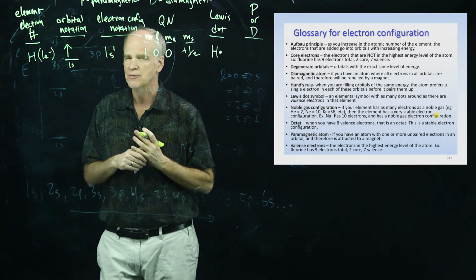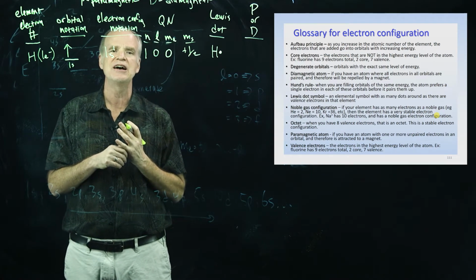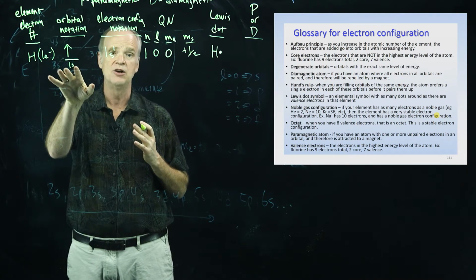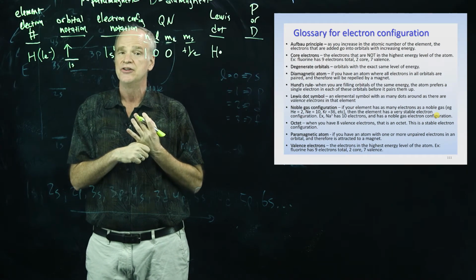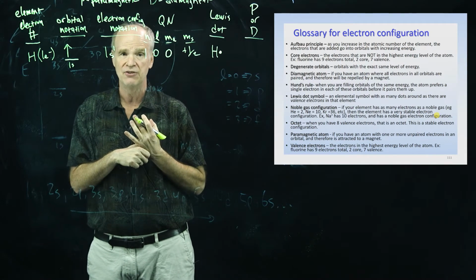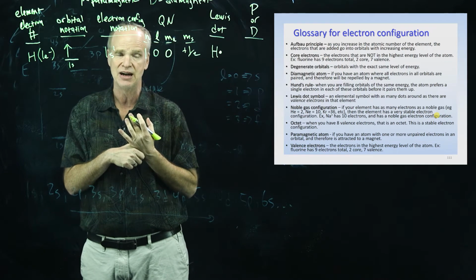So how do you determine whether an element is paramagnetic or diamagnetic? The way you tell is by looking at the orbital notation for the element. An element is diamagnetic when every single orbital that has electrons has a pair of electrons in it.